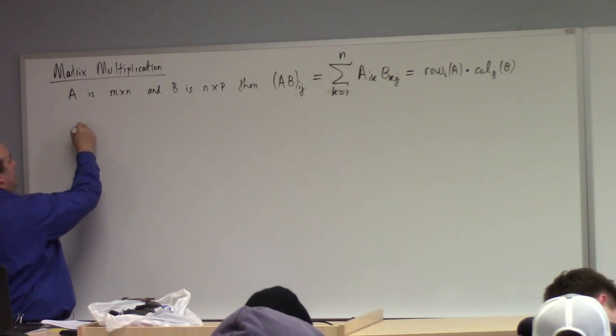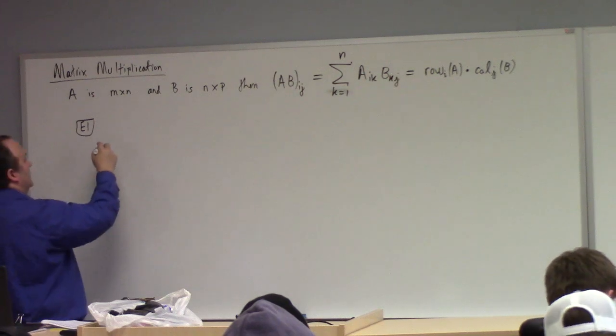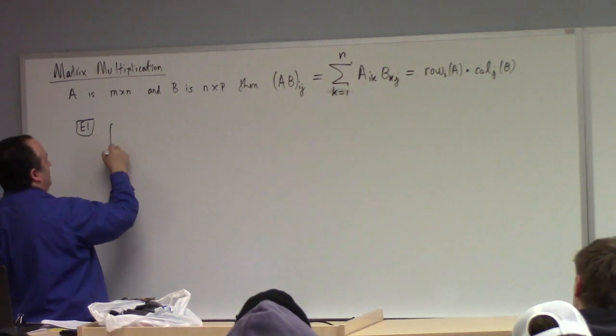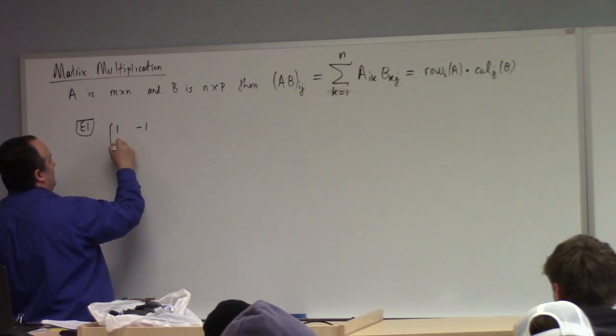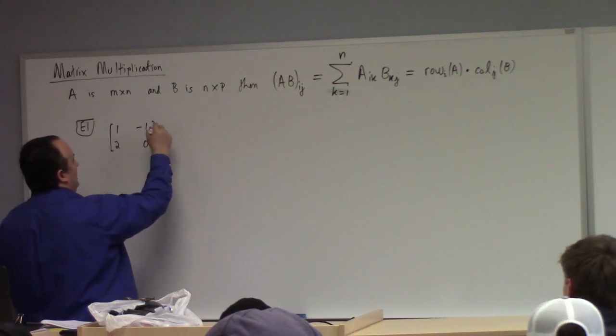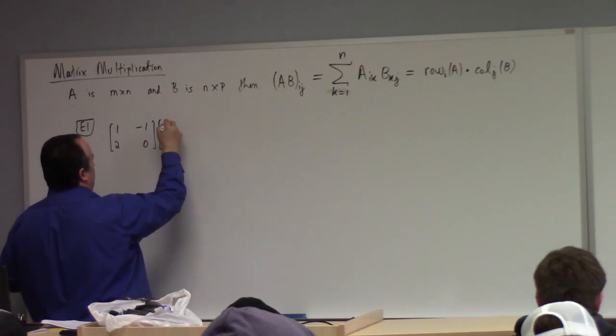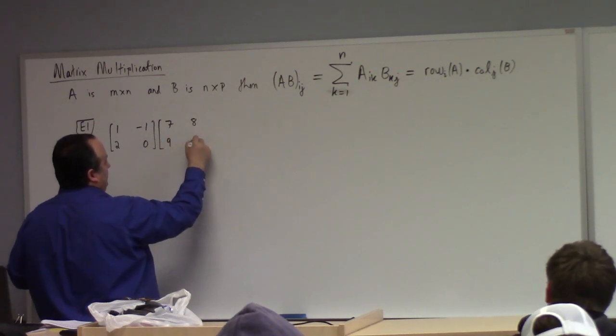And so let's do that. So suppose I have, let's say, 1, minus 1, 2, 0. And I'm multiplying by, let's say, 7, 8, 9, 10. All right?